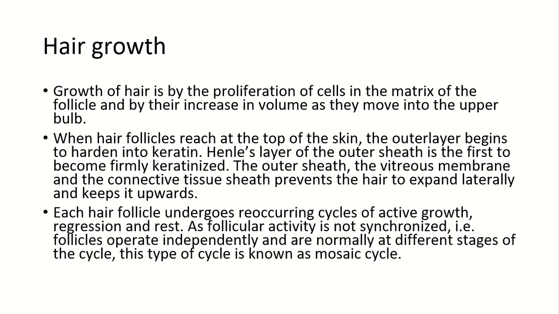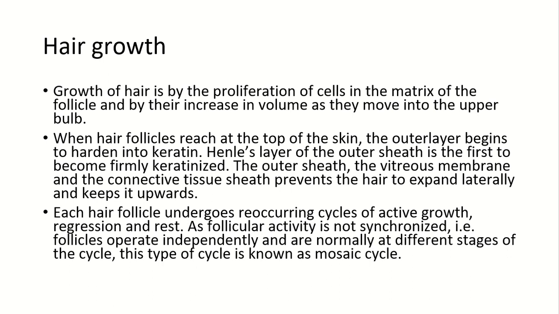The first layer to become firmly keratinized is Henle's layer. The outer sheath, the vitreous membrane and the connective tissue prevent the hair from expanding laterally and keep it upwards so that there is space for more hair to grow.